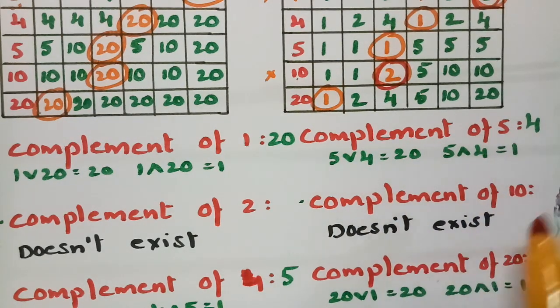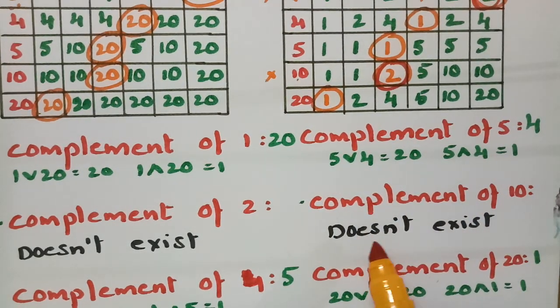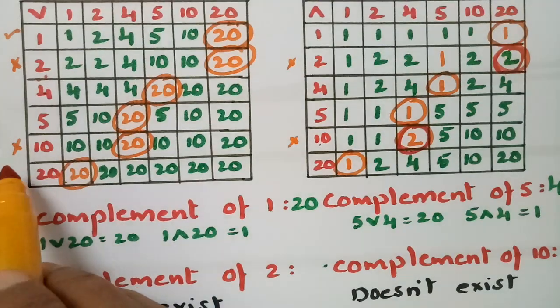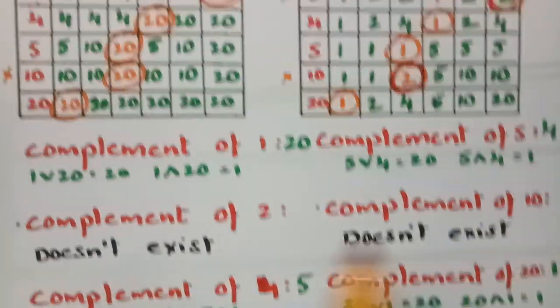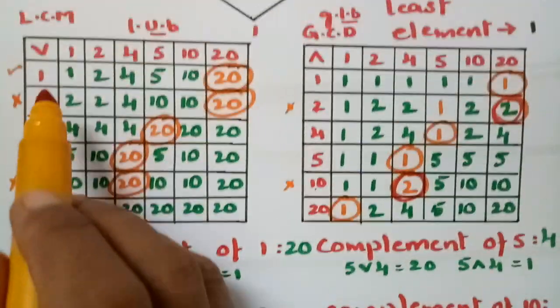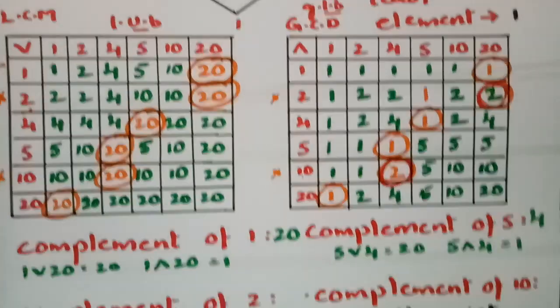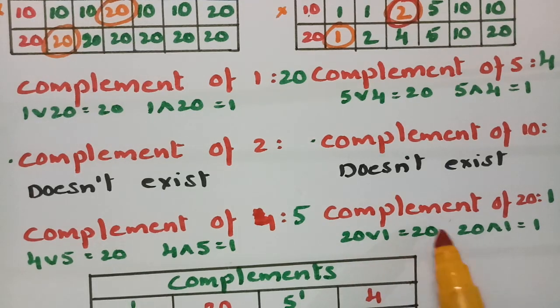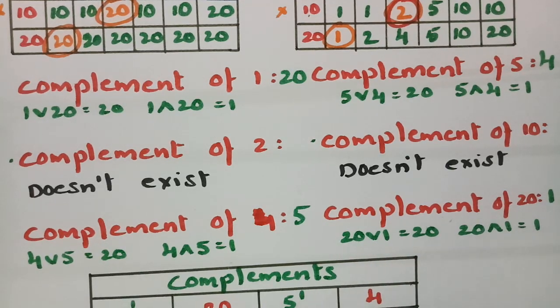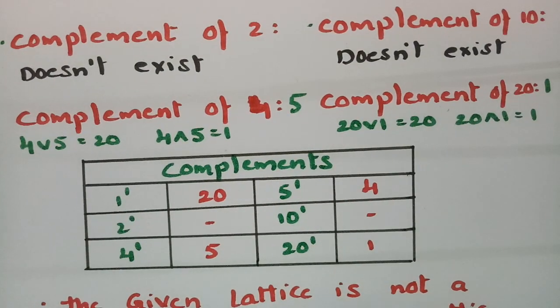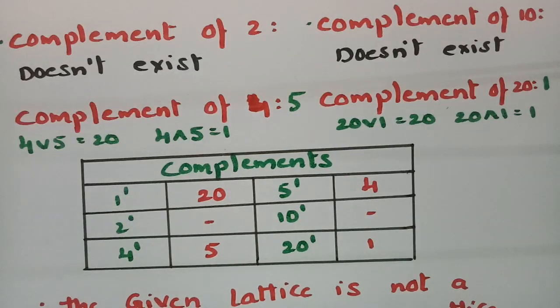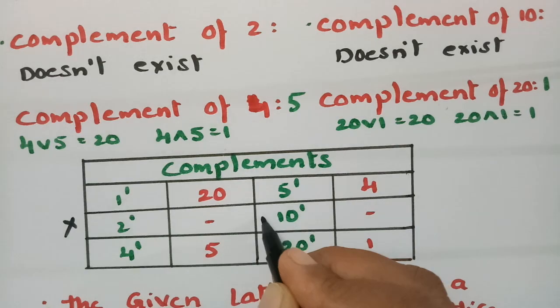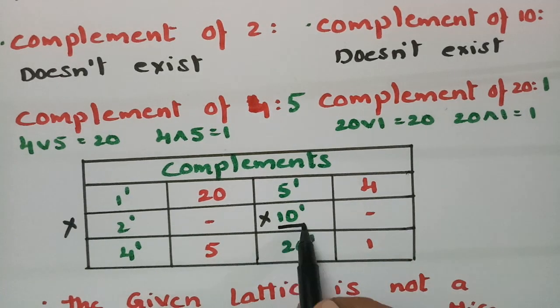The complement of 5 is equal to 4 from the composition table, and the complement of 10 doesn't exist. And coming to the complement of 20, the complement of 20 is nothing but 1, as it satisfies 20 join 1 is equal to the greatest element, and 20 meet 1 is equal to 1. So these are all the complements, where the complement of 2 and the complement of 10 don't exist.